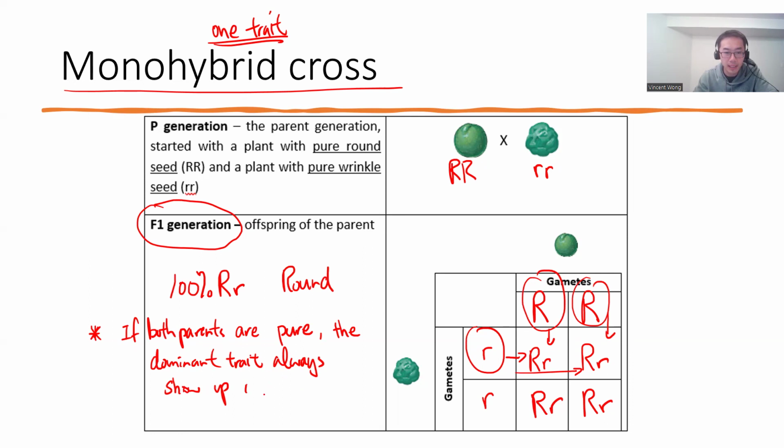Show up in 100% of F1. If you have two parents that are different, two different traits, one dominant, one recessive, and then you breed them, 100% of the first generation will have the dominant trait. Okay.